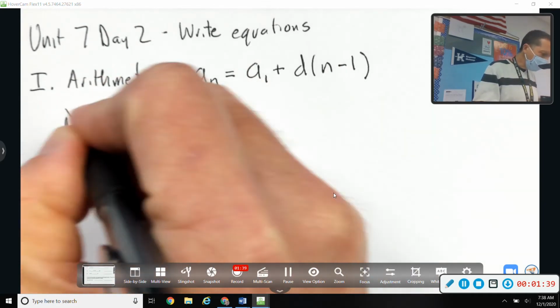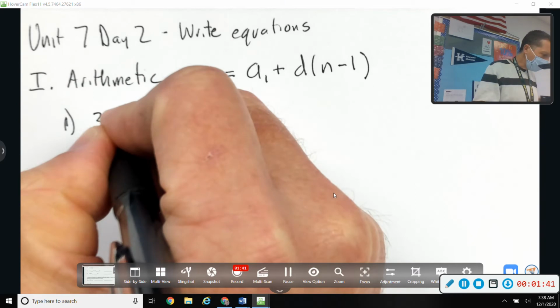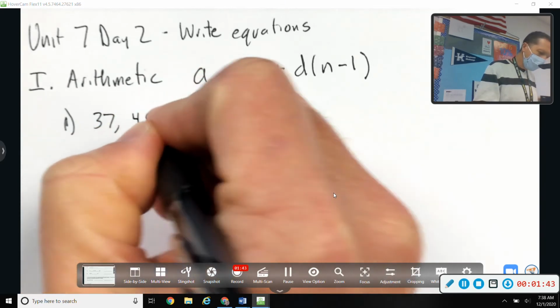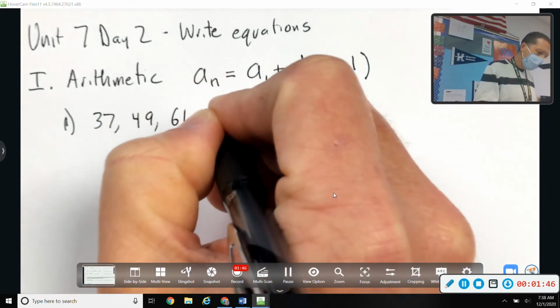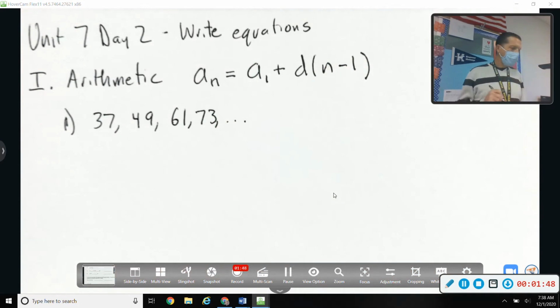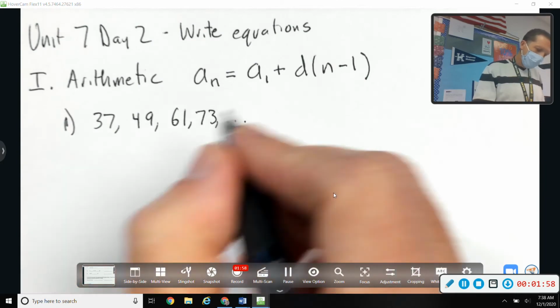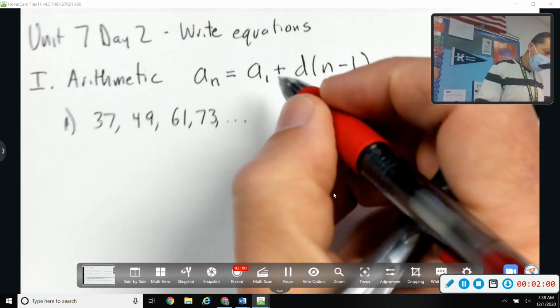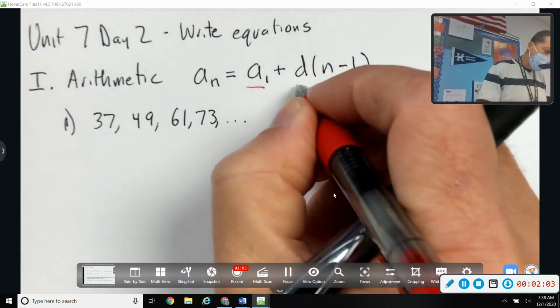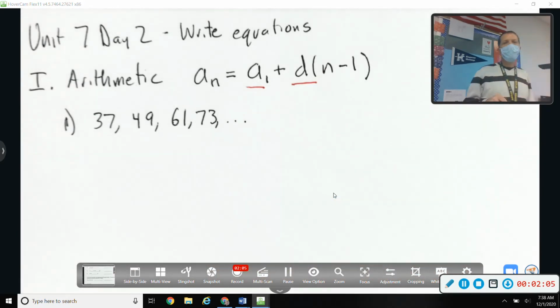So let's write the formula for 37, 49, 61, 73, and so on. So let's follow the pattern here. We have to identify A1 and D, and then we'll be ready to write the formula.